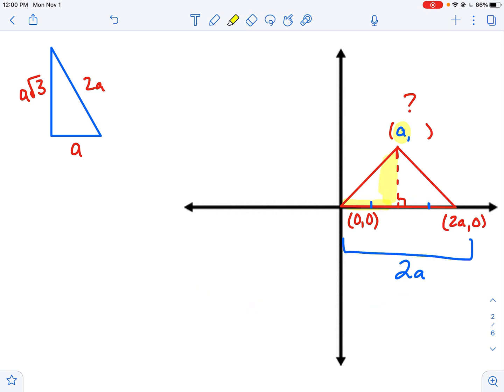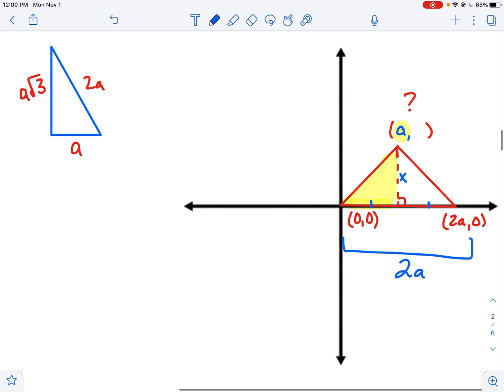Here's my triangle, and I want to find the height. I know that this part on the bottom is A. I know the part on the side is X. And if this is truly equilateral, then the bottom is 2A, the right is 2A, and the left is 2A. So all sides are congruent. And that's where I get the 2A from.